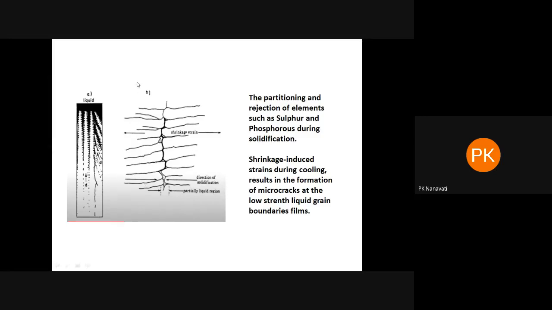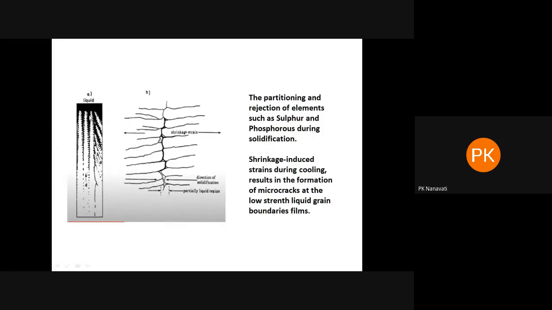When your composition is cooling, what will happen? At the solidification front, there will be some rejection of the alloying elements, like sulfur and phosphorus, because when you are freezing, sulfur and phosphorus have no solubility in austenite. So as a result, they will be thrown out of the dendrites into the liquid phase.